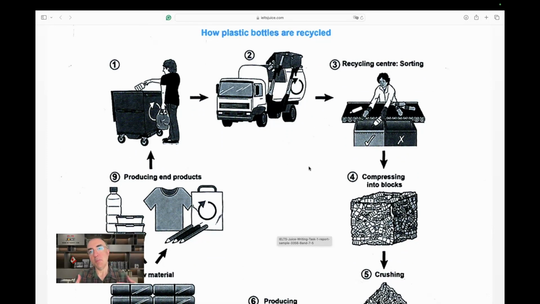Now, basically, this is a process. In process visuals, what we do, we try to identify how it is arranged and how it is presented to us. One of the most significant points we can understand from this is the number of steps.